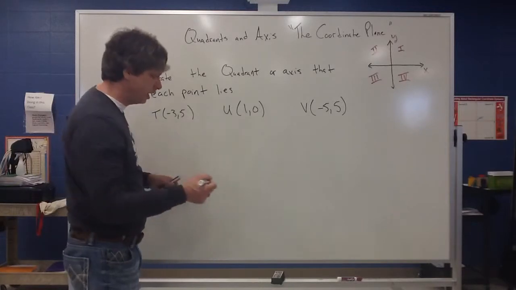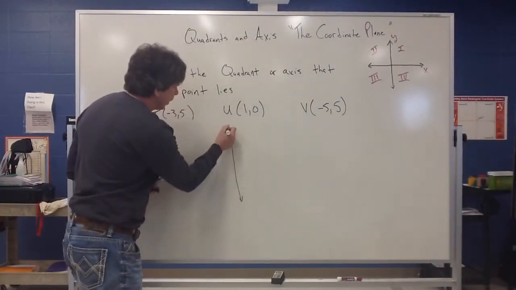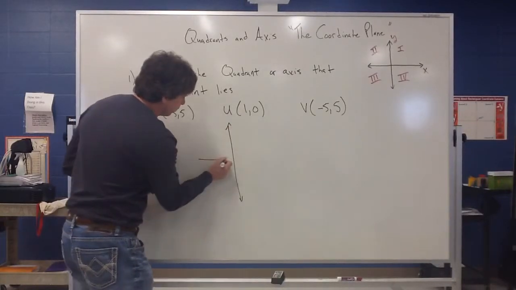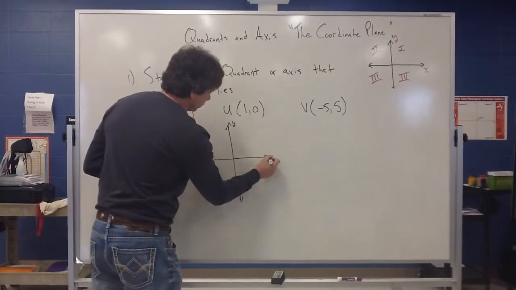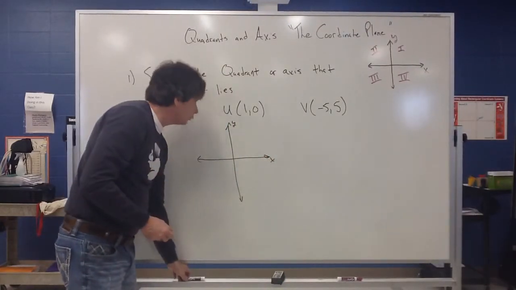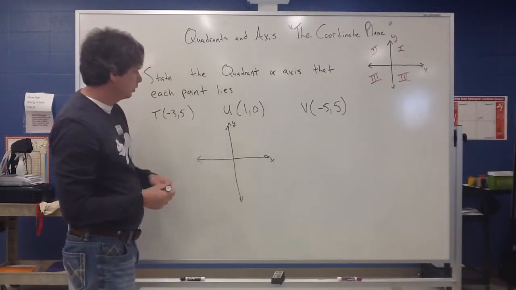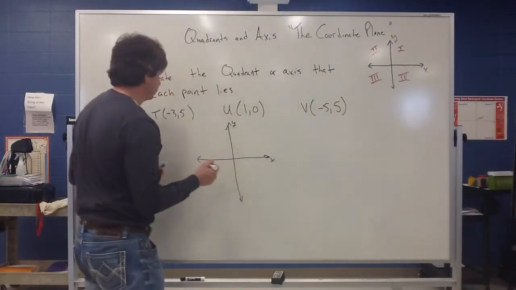So I'm going to freehand a coordinate plane. I'm going to draw my y-axis, and then intersect it with an x-axis. It looks like my numbers aren't too big here, so my tick marks don't need very many of them.